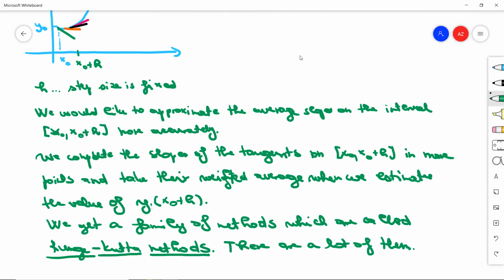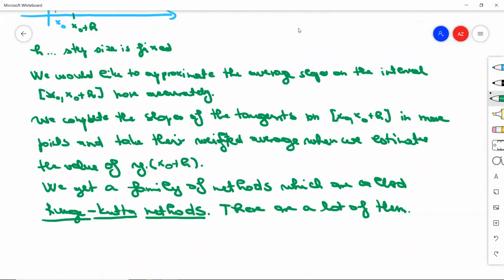You've probably done this exercise this week at lab sessions, the so-called Runge-Kutta method of order 4.